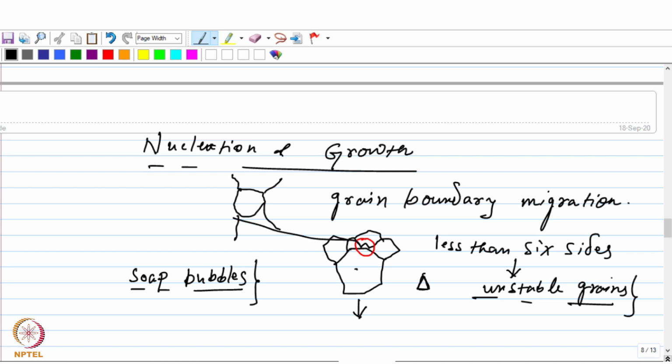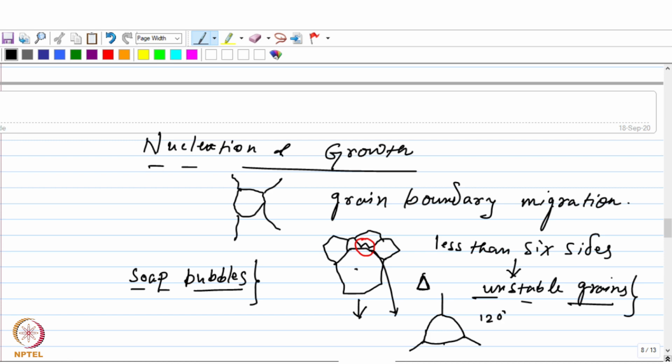Because what happens in this case, if I just magnify this region, this small triangular grain that you have will be somewhat like this, and it will try to maintain an angle of 120 degrees between these boundaries.